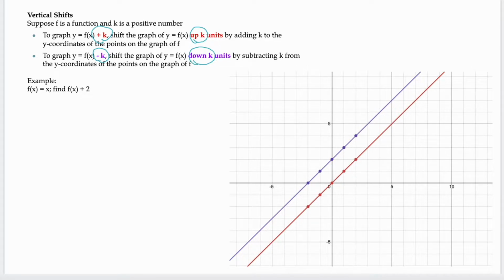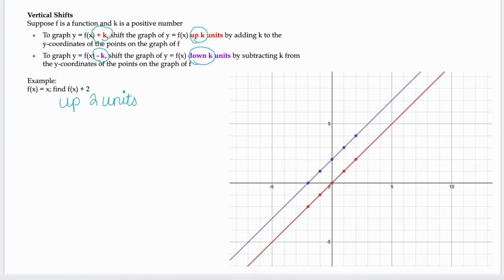Our first example is if f of x is equal to x, find f of x when we add 2 to it. So we are adding 2 units to our function. This is going to tell us that we're going up 2 units from our parent function where it would start.